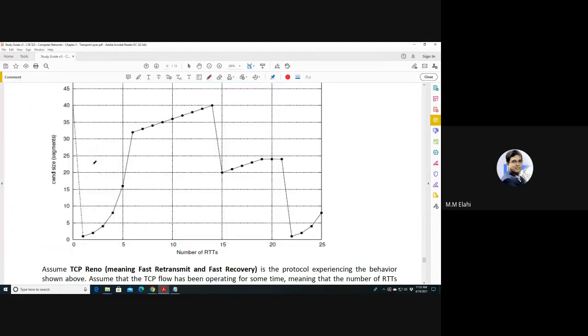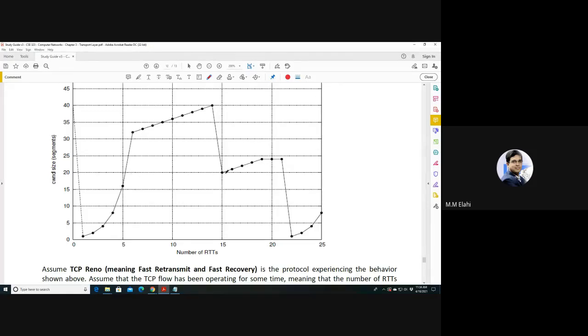And also whenever there is a loss, the threshold changes. Initially the threshold was 32. Now what will be the threshold value? 20, 40 divided by 2. So the SS threshold will always be half whenever there is a loss, and the congestion window will be half if that is for 3 duplicate ACKs. Suppose now the threshold is 20.